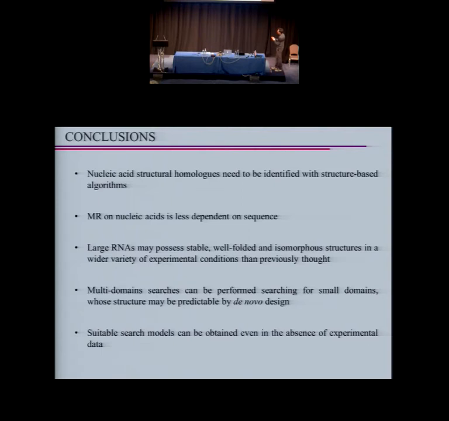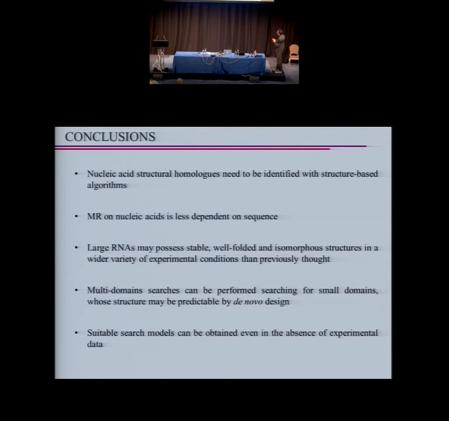And multiple domain searches are absolutely possible to perform also in the case of nucleic acids, with the advantage here that the structure of the small domains used in the search may be predictable not only on experimental basis, but also ab initio and by de novo design.